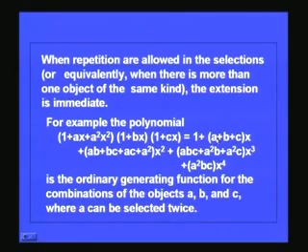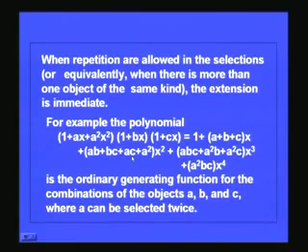But when you look at the coefficient of x squared, the possibilities are like this. Either you can choose A and B, or you can choose B and C, or you can choose A and C, or you can select A twice. So A squared also is in this term.